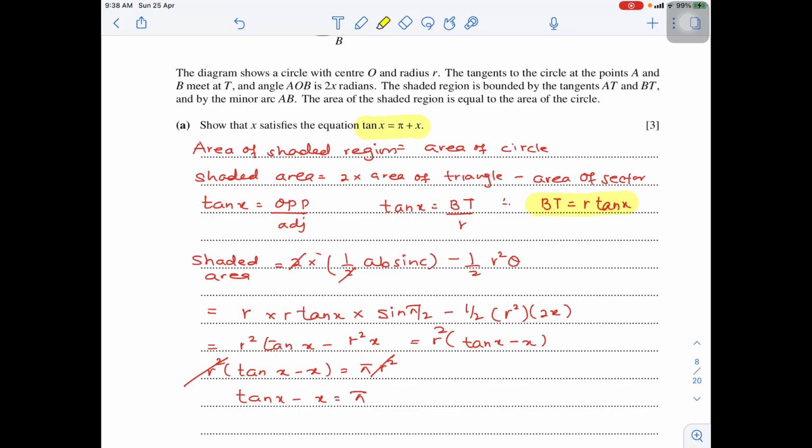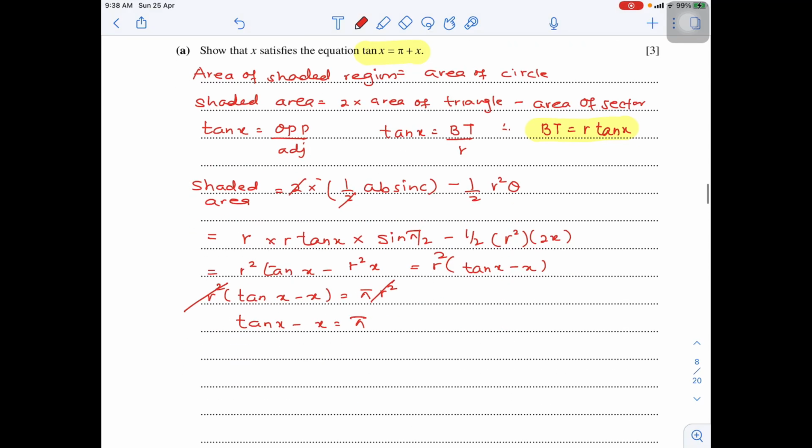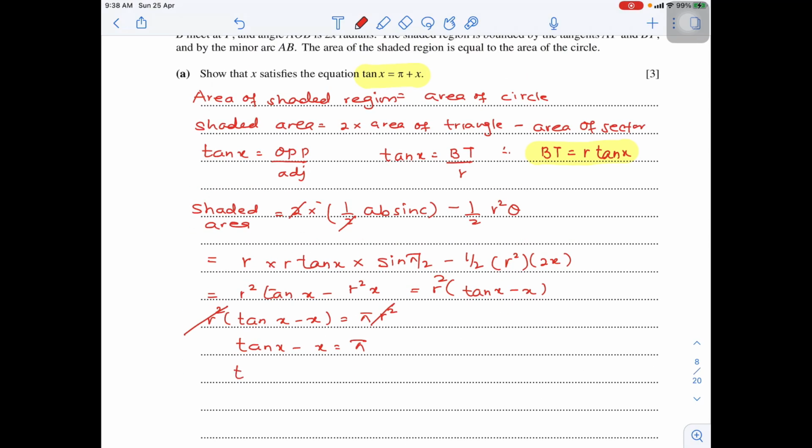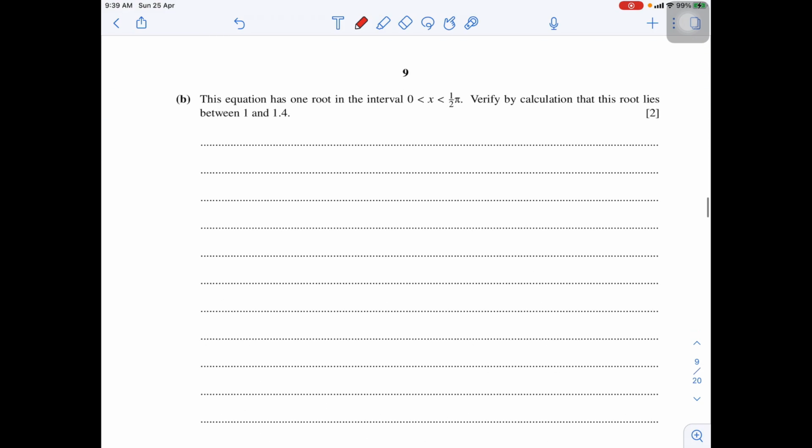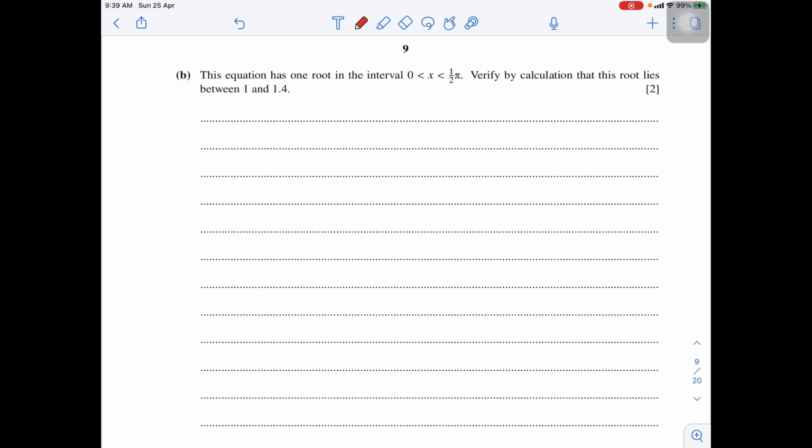So can I get rid of r squared? So I write tan x minus x is pi. What I wanted is tan x on one side, so I'm keeping tan x and sending x to the other side. So tan x is pi plus x, shown. That's what we were supposed to show and we have managed. Let's try the next one now, part B.